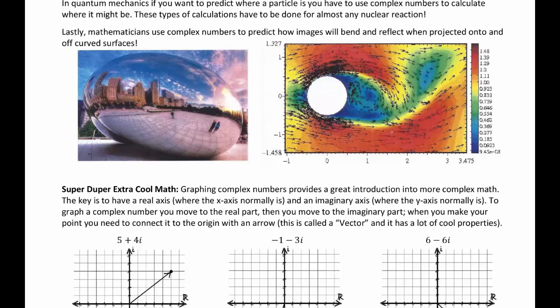All of those things, imaginary numbers play a critical role with just where things are and how they behave and predicting what will happen. It's really fascinating. The picture here over on the left is the bean up in Chicago, and how the grid of pavers is reflected off of this curved surface of the bean. Actually, you can predict that with complex numbers.